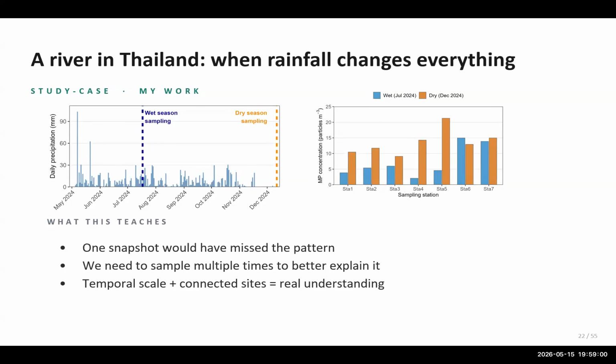Maybe if we increase the number of measurements, one in May, one in June, one in July, one in August, we will find an increasing concentration during the wet season compared to the dry season. But sometimes because of budget, because of timing, or because the analysis of samples takes too much time, we sometimes have to make decisions and decide maybe to do one survey instead of many.